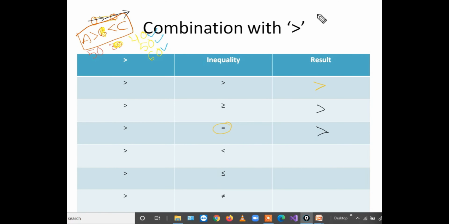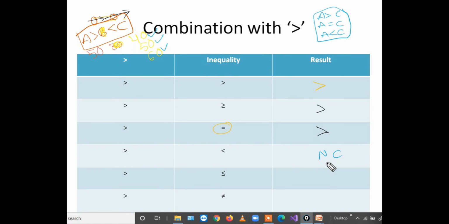So here A greater than C is possible, A equal to C is possible, and A less than C is also possible. There are three relations existing. So instead of taking all three combinations, we simply say no combination.